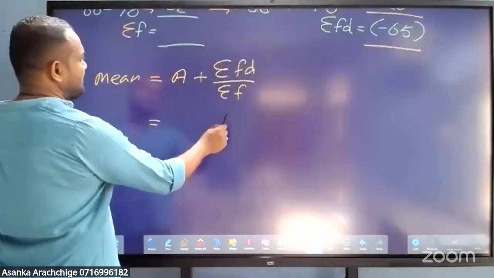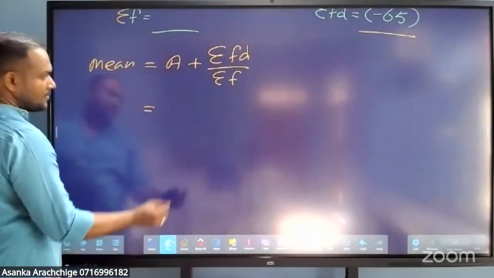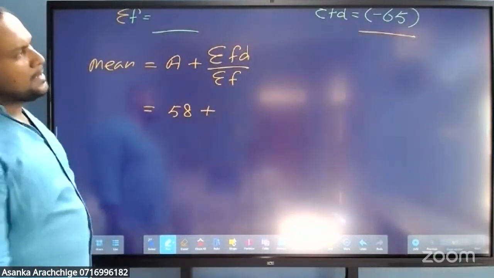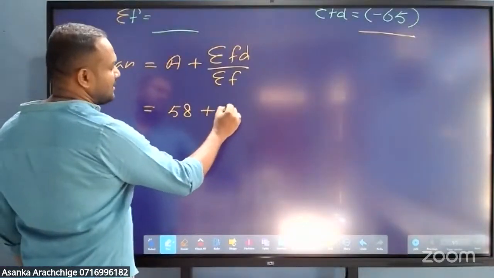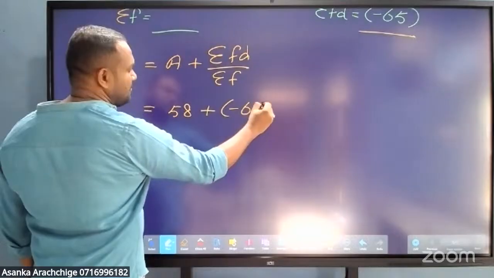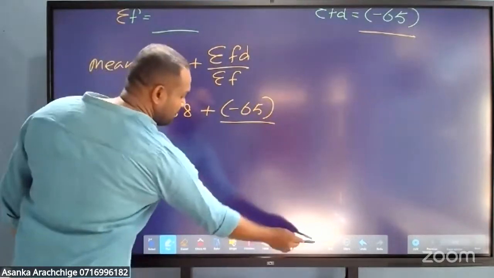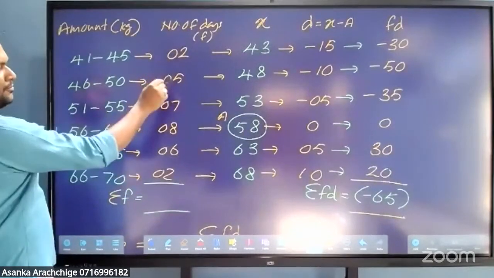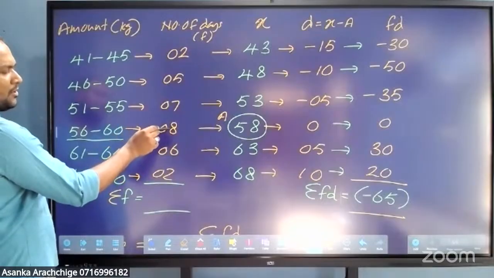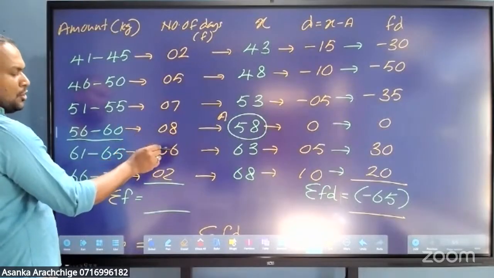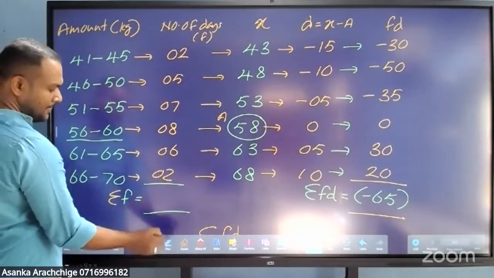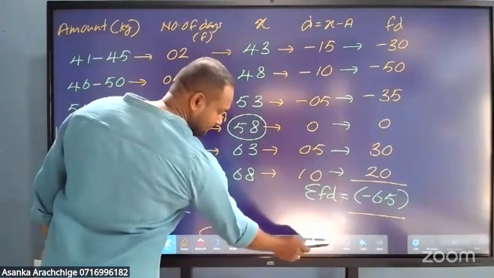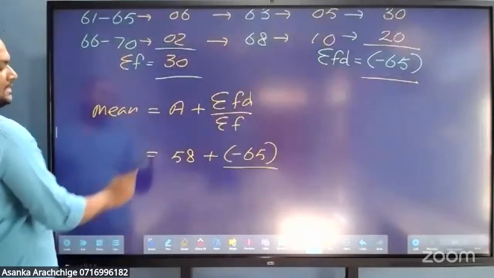Yes, A is 58. 58 plus sigma FD, minus 65, upon sigma F. What is sigma F? Put it: 2, 5, 7, 7, 7, 14, 14, 8, 22, 22, 8, 30. Am I correct? Yes. 30.